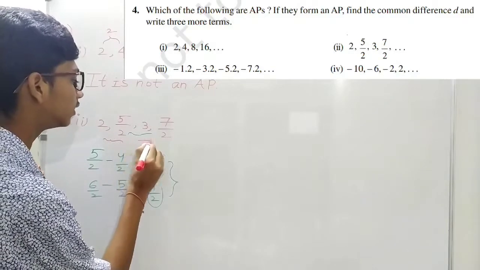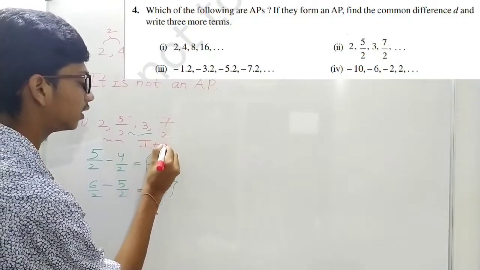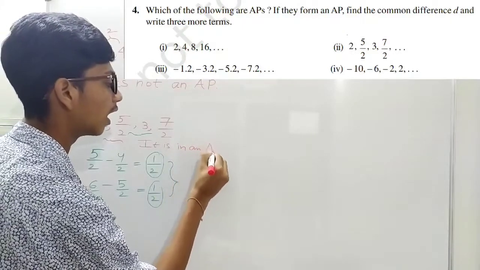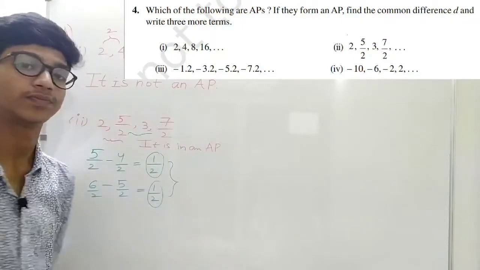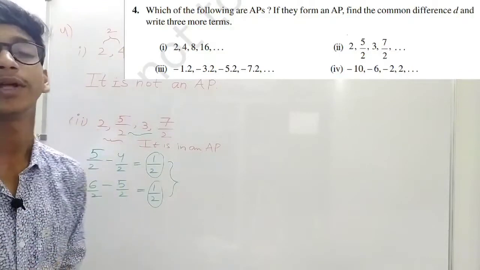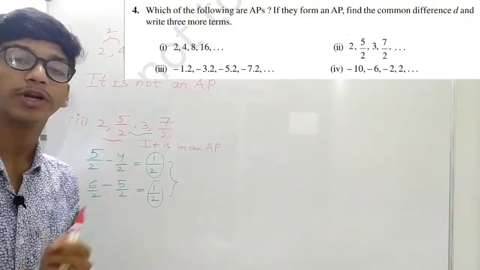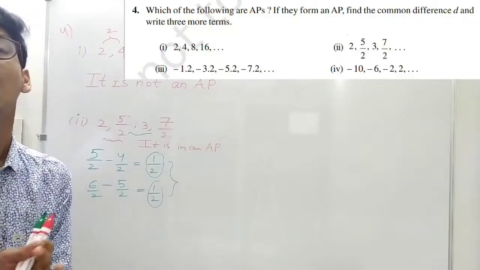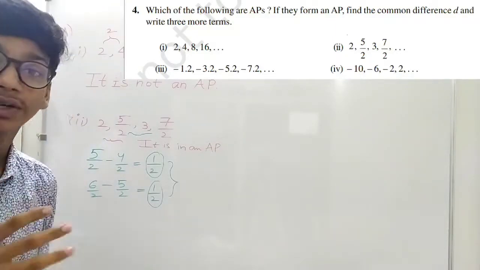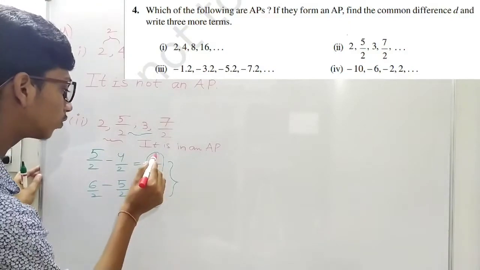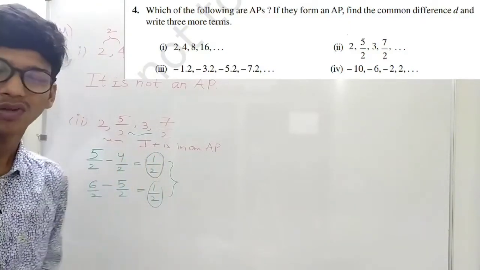Okay, this series is in an arithmetic progression. And in the question it is given that if it is in arithmetic progression, find the common difference and also the next 3 terms. So the common difference we have already found is 1 by 2. What is the common difference?